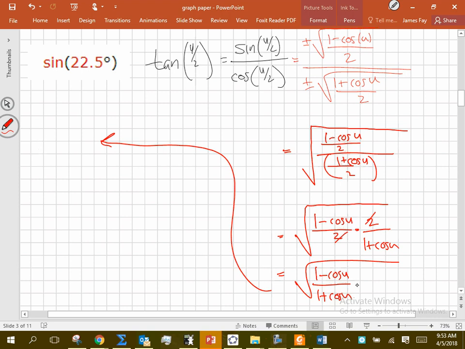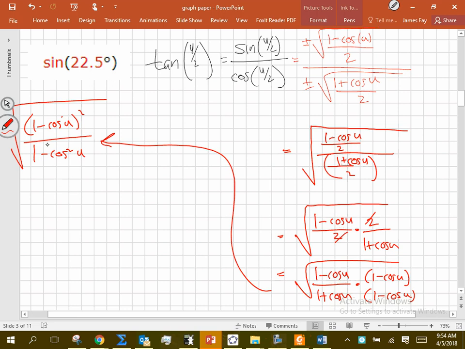So what we do is just multiply by the conjugates here, because I'm just multiplying by 1 essentially, right? And now if I multiply by conjugates down here, I get 1 minus cosine squared u on the bottom. On top, I'm just going to write it as 1 minus cosine u squared, all underneath the square root, right?